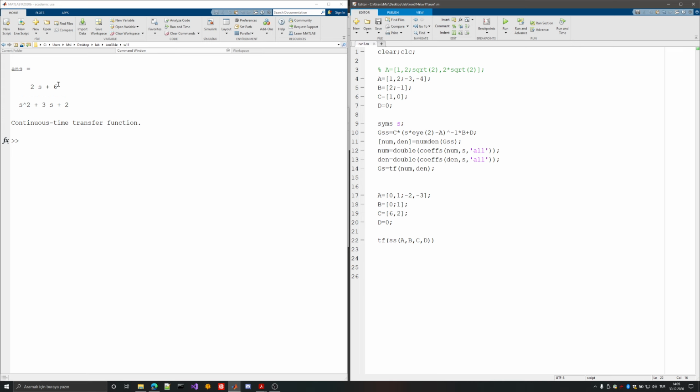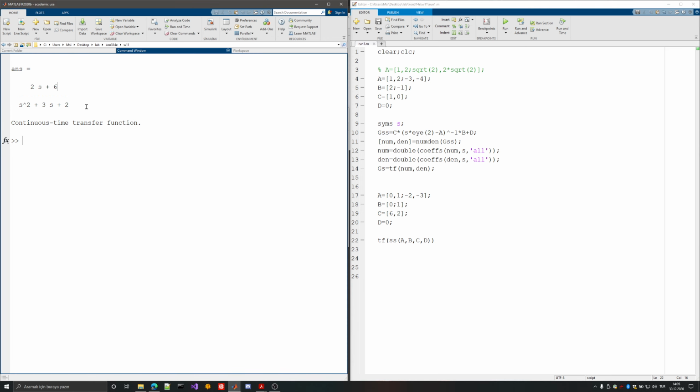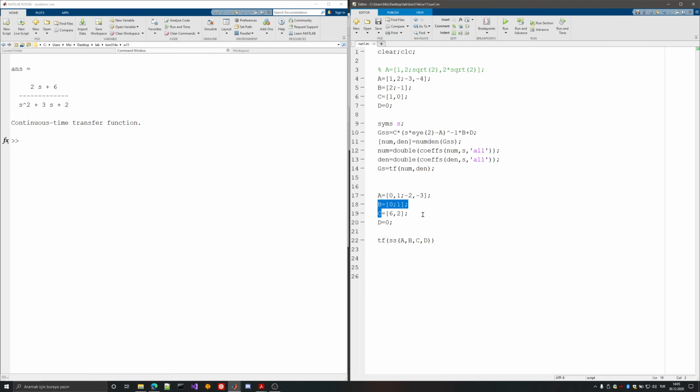So variations may be 6 divided by s squared plus 3s plus 2 as the relation between the input and states, or you can use 2s plus 6 divided by the denominator as a relation between states and input, or you can do what I do, just get rid of this, and 1 divided by this gives you the relation. So there are infinitely many possibilities, because b times c should be fixed, and you can choose b and c accordingly. That will give you infinitely many solutions.